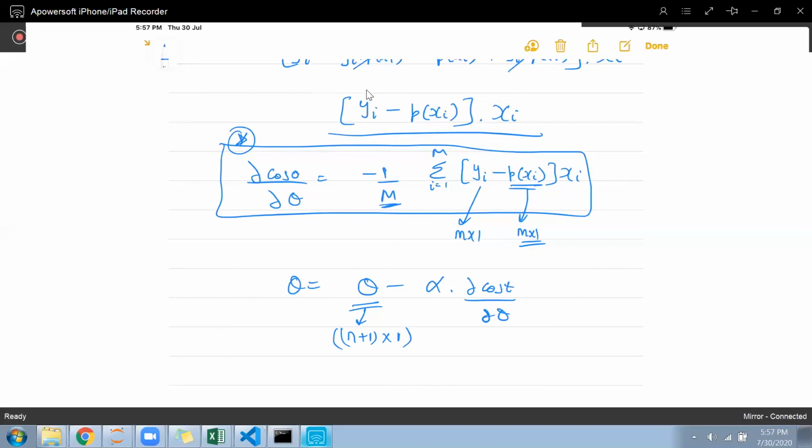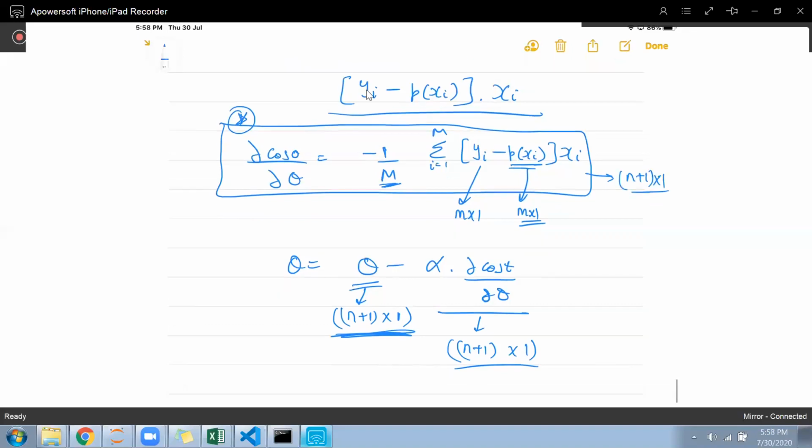So the dimension of this should also be n plus 1 into 1. So how will we make this term? The dimension of this whole term should be n plus 1 into 1.